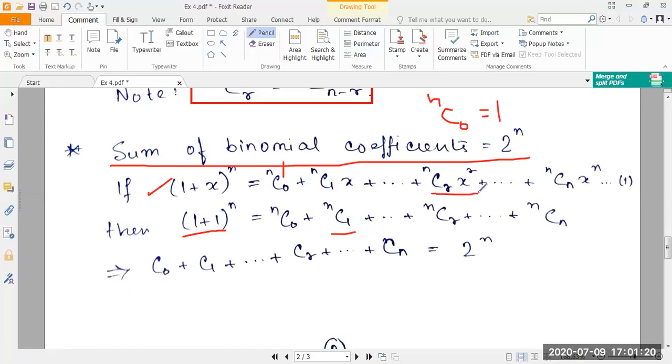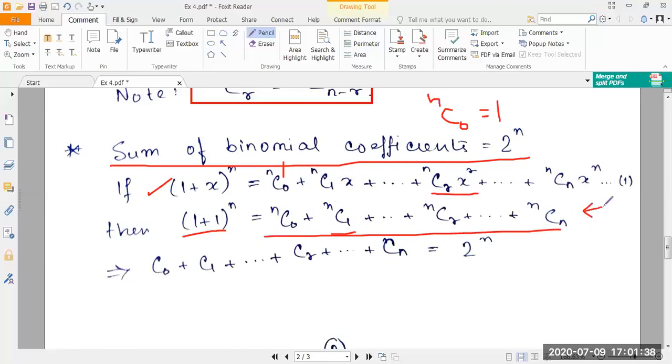Again, nCr x to the power r, the (r plus 1)th term, becomes nCr into 1 to the power r, which is again nCr. So naturally, we have the expression nC0 plus nC1 plus dot dot dot plus nCr plus dot dot dot plus nCn.